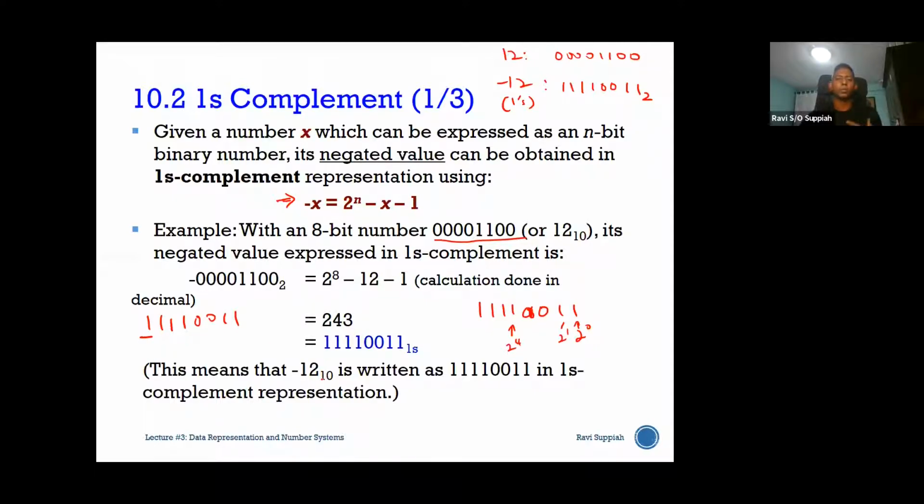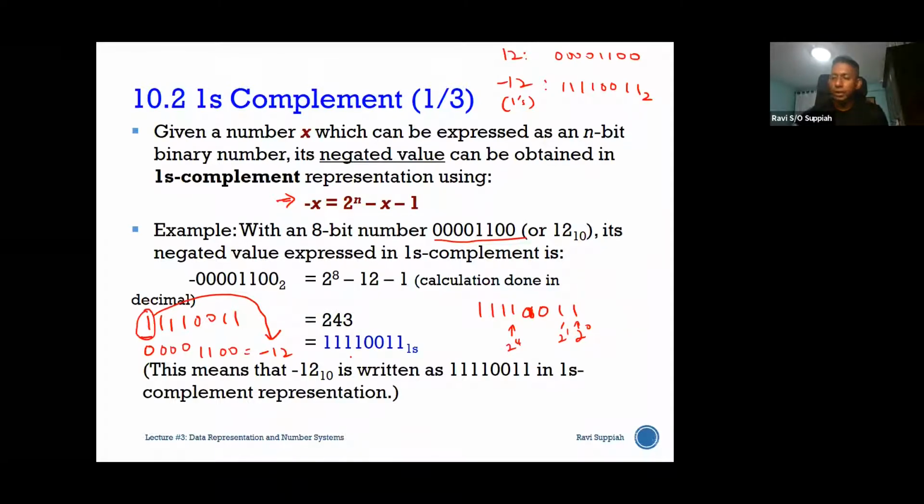So in order to know the actual value, I need to do the ones complement again, which is 00001100, and that is 12. But because my most significant bit in the original number is a 1, this is actually a negative number, so I must put a negative sign.